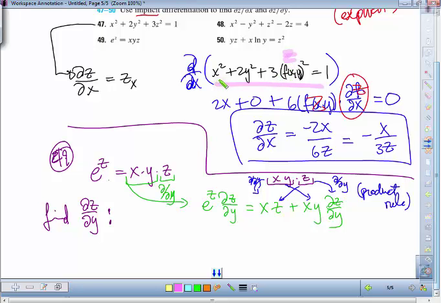When I take the derivative of that, the derivative of x squared is 2x. The derivative of 2y squared is going to be 0 with respect to x. And the derivative of 3 times a function squared is going to be 3 times 2 times the function raised to the first power times, chain rule, the derivative of the function inside. So that's where the chain rule comes in.